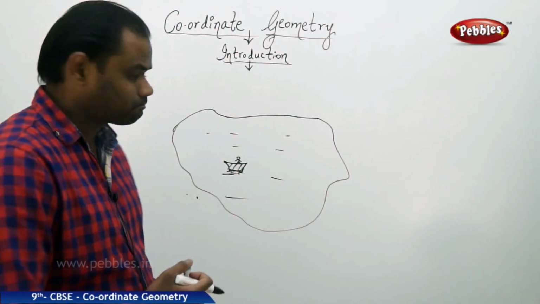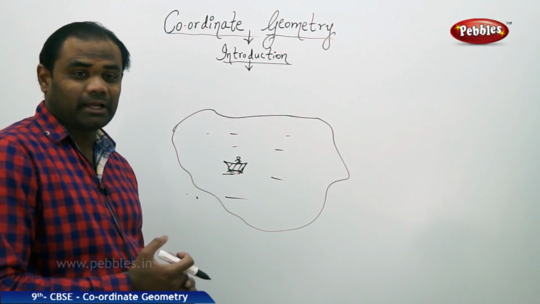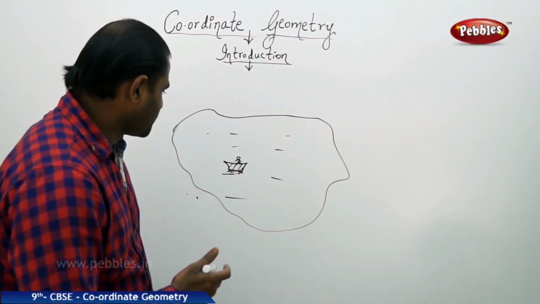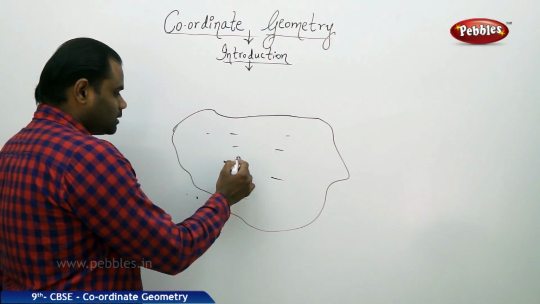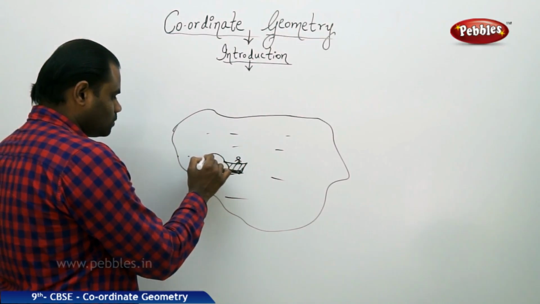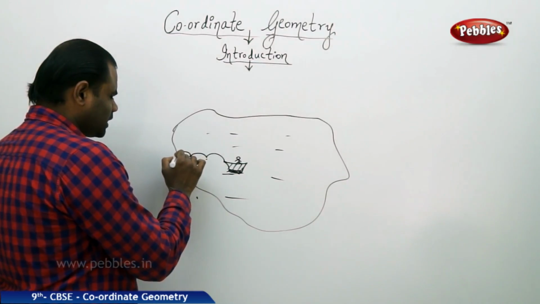So let's see how he estimates the bank through application of coordinate geometry. The ship out here in the sea is assumed to be 2 units, 1, 2, and 3 units.